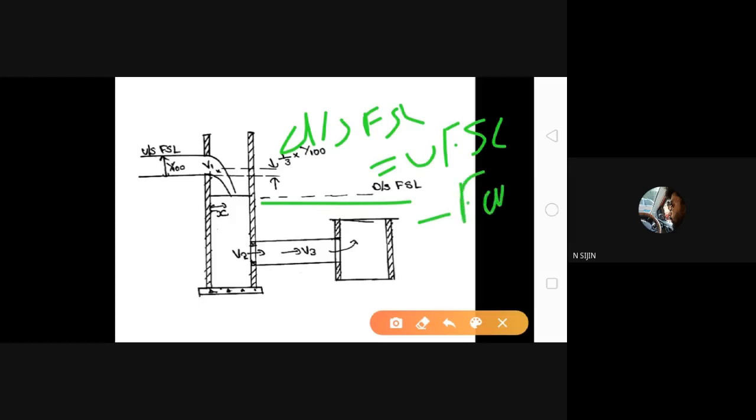Drop and fall have the same meaning. Then the value of downstream FSL is 159.78. So in step 4, design of siphon wells, first we determine the upstream FSL, then using it and the fall, we determine the downstream FSL. Did you understand up to this?